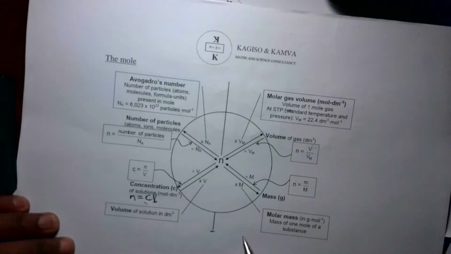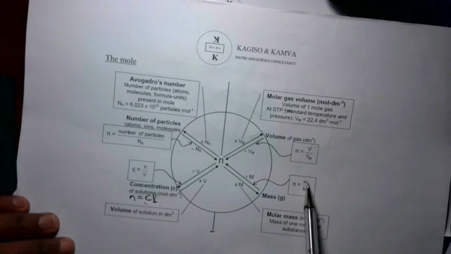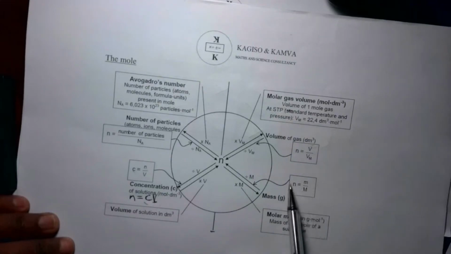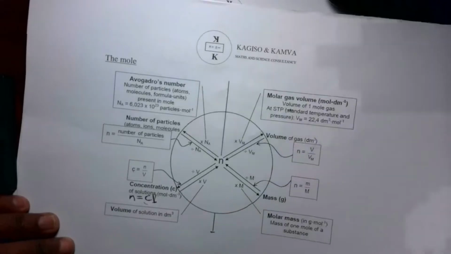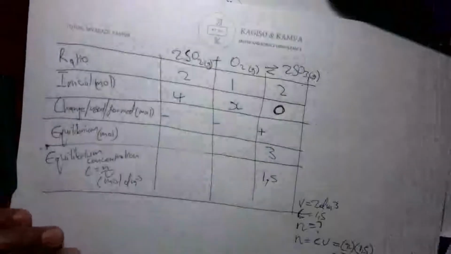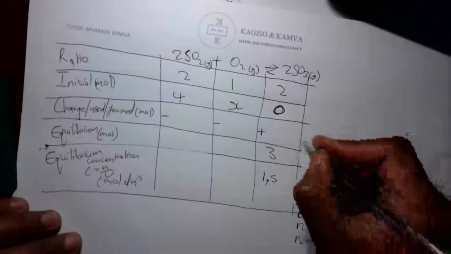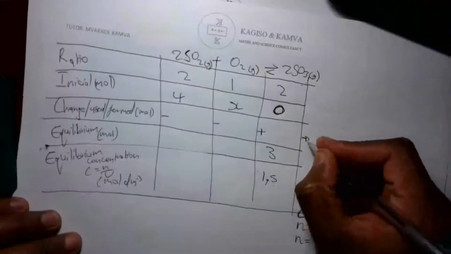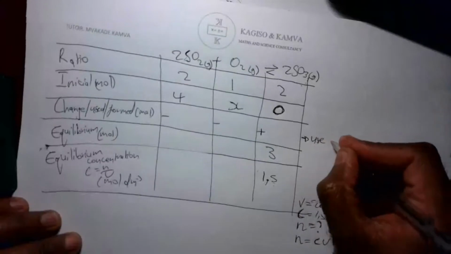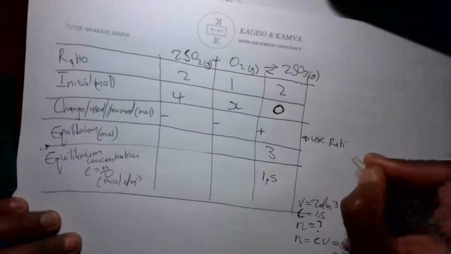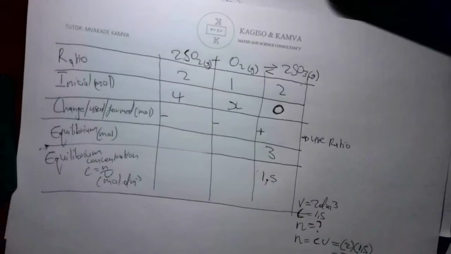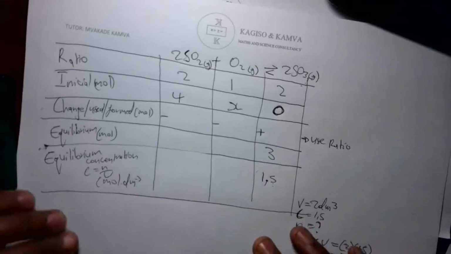In the previous question we were provided with masses of substances, and we had to use the molar mass to find the number of moles. Now we have to fill up this table, and here we must write use ratio, so that we always know this is the part where we use the ratio.